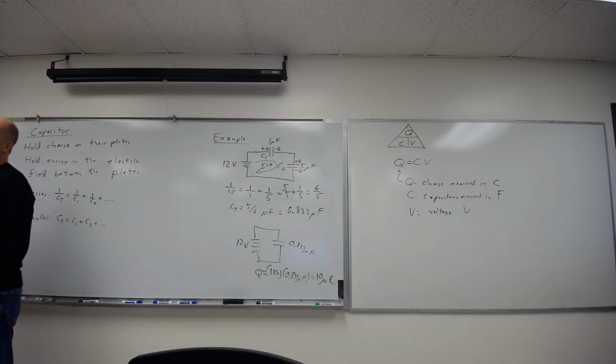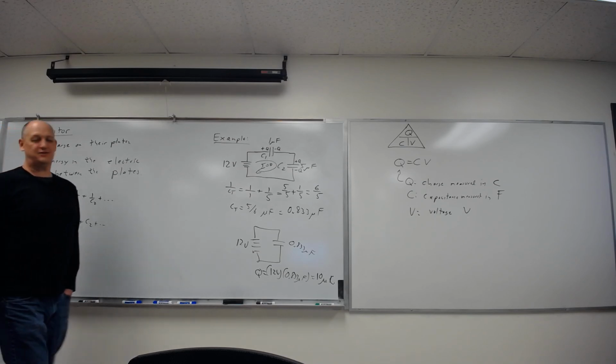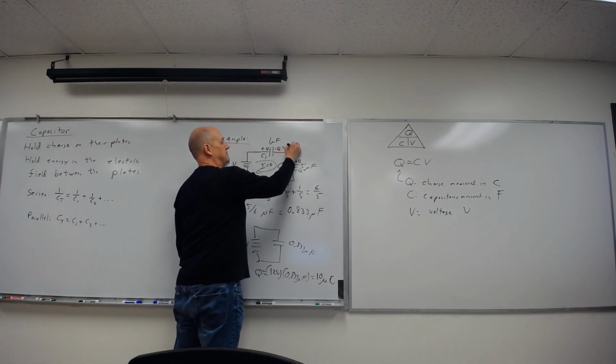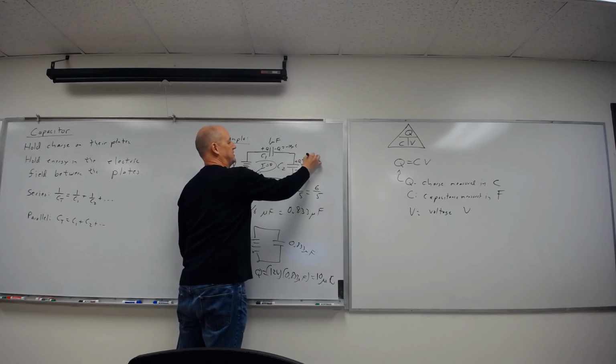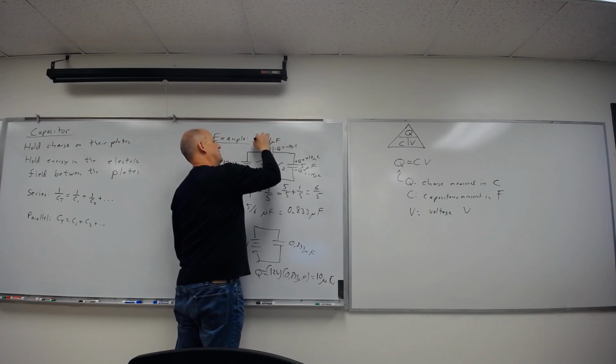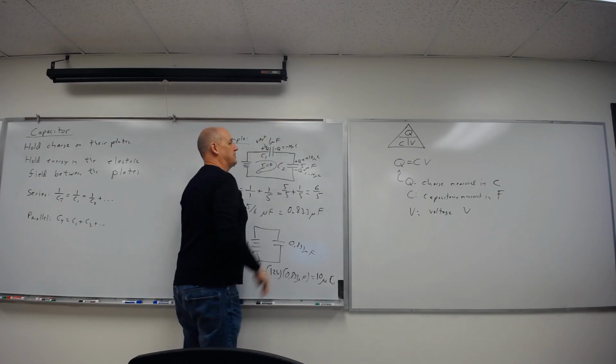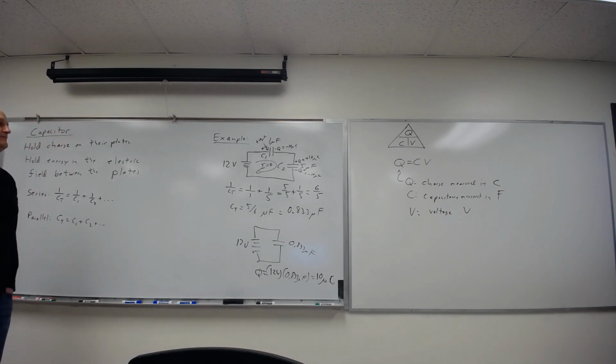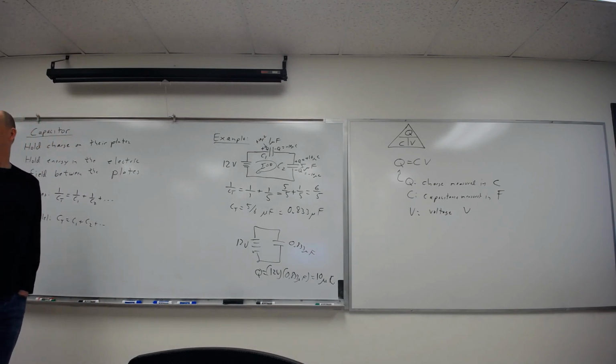So I have them in series. Everybody has the exact same charge. So guess what all those charges are? Minus 10 microcoulombs, plus 10 microcoulombs, and this is minus 10, plus 10. There we go. Now I can go back and find the voltages.